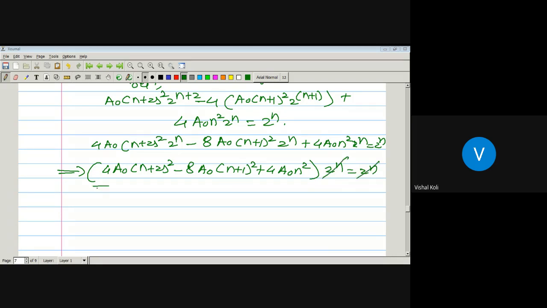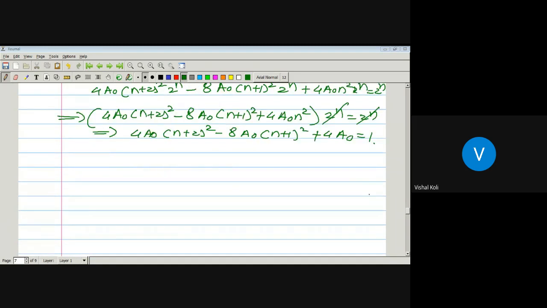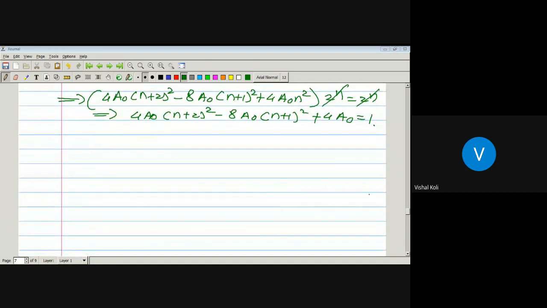Then we will get 4 a naught n plus 2 bracket square minus 8 a naught n plus 1 bracket square plus 4 a naught n square, which is equal to 1. Tell me the value of a naught here. There is only one constant, a naught. So find out the value of a naught.